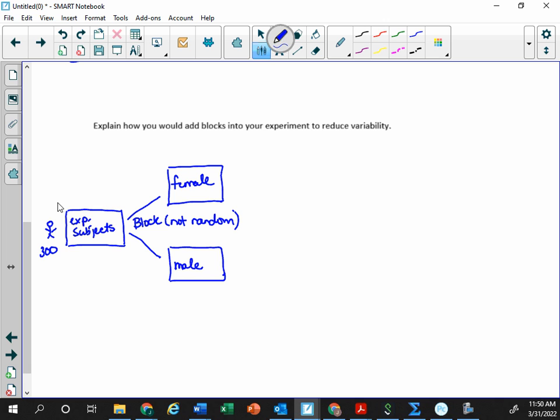And once you've done your blocking, then it's exactly what you did before in the completely randomized experiment. You're going to measure the blood pressure. You just kind of have to write everything twice now. Then you're going to randomly assign them to their two groups.